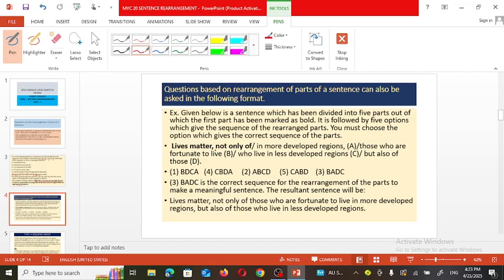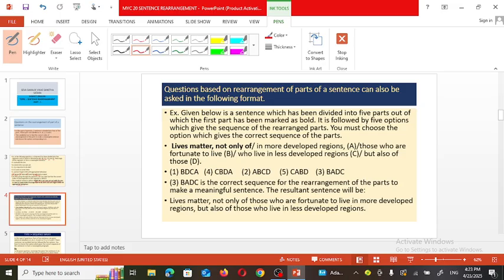Lives matter not only of in more developed region, those who are fortunate to live, who live in a less developed region, but also of those. So "not only... but also" is the conjunction we need to use where we need to compare two things.